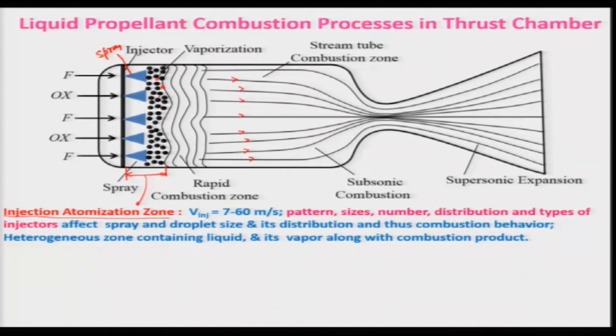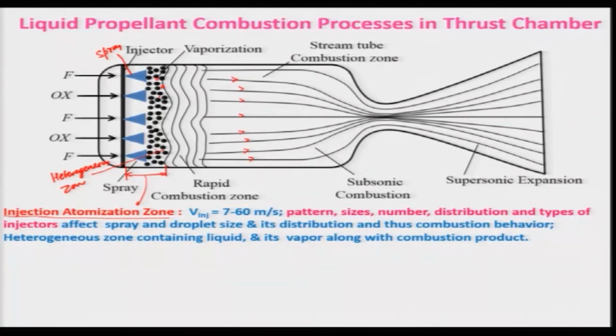This is quite complex in nature, and as a result vaporization takes place, and there is a heterogeneous zone here. There is at least two phase flow, sometimes three phase, containing liquids and vapor along with combustion products, and some diffusion will be taking place.